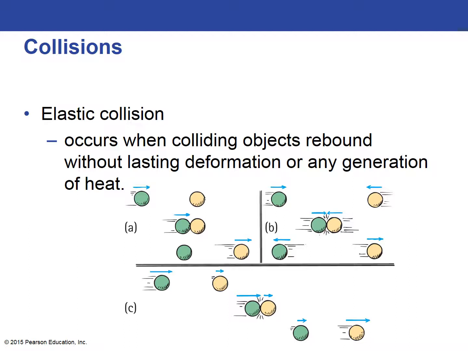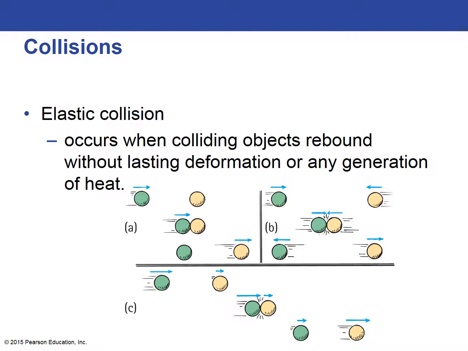All right. Now, in the third scenario, which is labeled C in this plot, the green ball strikes the tan ball. The tan ball has some velocity already, moving in the same direction, but a lower velocity than the green ball. So at the time of impact, what could happen is that the tan ball absorbs velocity or momentum from the green ball.